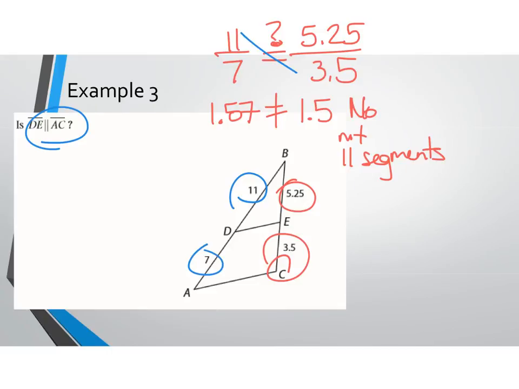The other way to check it is to do your cross multiplying. Either way with a calculator is just as quick as the other. If you multiply 7 times 5.25 and 11 times 3.5, these are the numbers I got. Those are not equal to each other, so once again, not parallel.